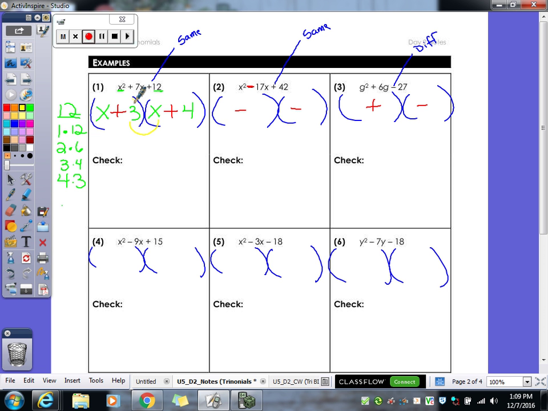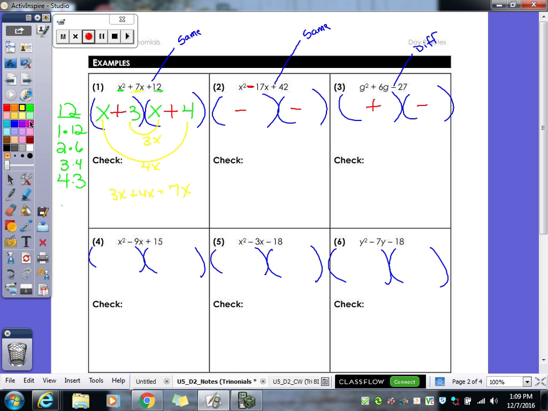I'm going to check to see if I get my 7x in the middle. 3 times x is 3x. 4 times x is 4x. When I add together 3x plus 4x, when I combine them, remember that's our like terms in the middle, I'm going to get 7x. Is that what it was in the middle? Yep, it was. Seth, you with me? Yeah. Okay. All right, so that's your check. Or you could multiply it all out if you want, like I said.